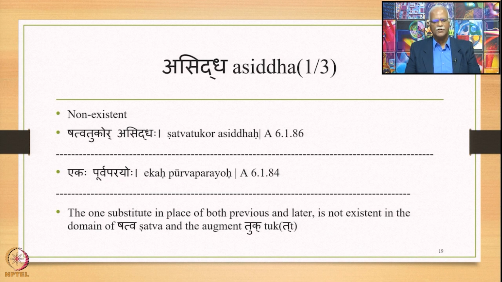So, what shatvatukorasiddhah says is that the one substitute in place of both previous and latter is not existent in the domain of shatva and the augment tuk. Tuk means t. I repeat, the one substitute in place of both, previous and latter, is not existent, asiddhah, in the domain of shatva and tuk.